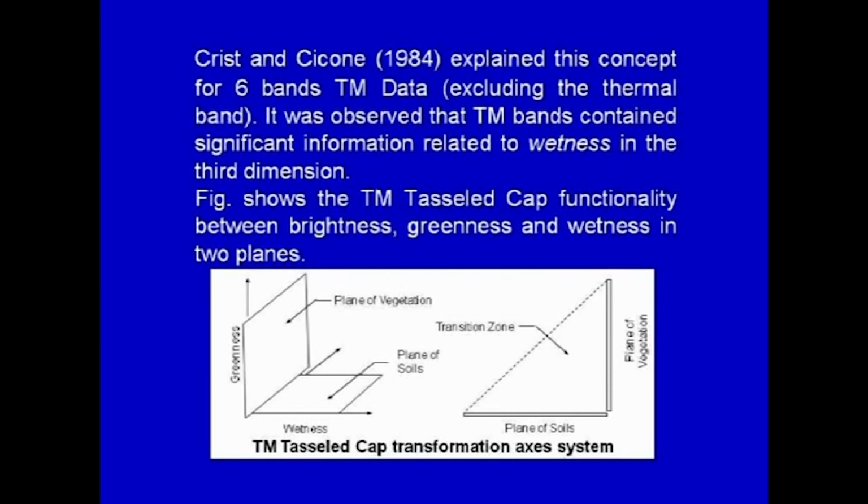It was observed that the TM bands contain significant information related to wetness in the third dimension. The figure below shows the TM tasseled cap functionality between brightness, greenness and wetness in two planes. The brightness and wetness axes define the plane of soils, while greenness and brightness define the plane of vegetation.